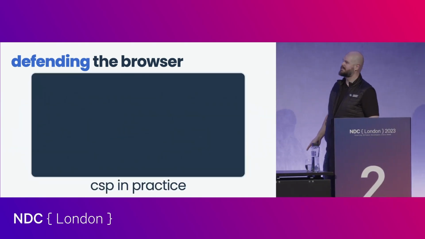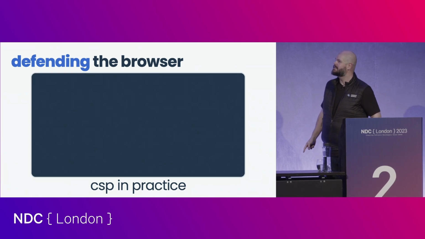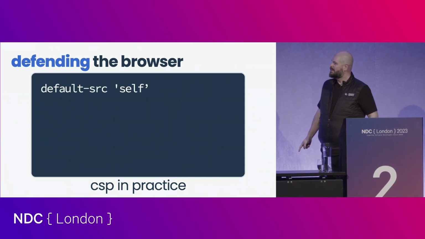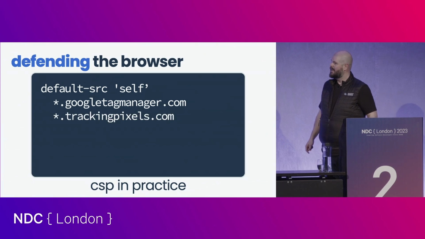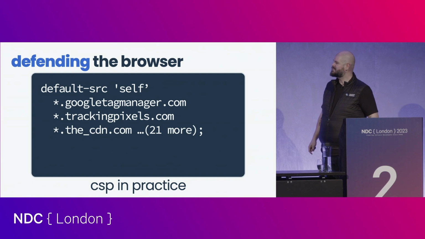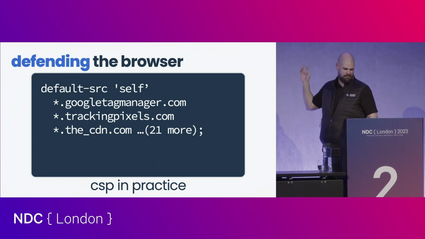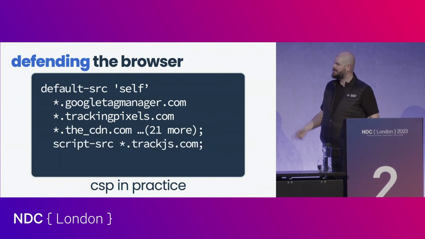But in practice, once we actually put this on real sites that need to do real things, we start with that. And then marketing says, well, yeah, but you got to give us Google Tag Manager. You can't not give us that. And then, oh, we're going to install some tracking pixels. And we're going to install some more tracking pixels, and like 21 more things. Oh, and then I also need scripts from Track.js.